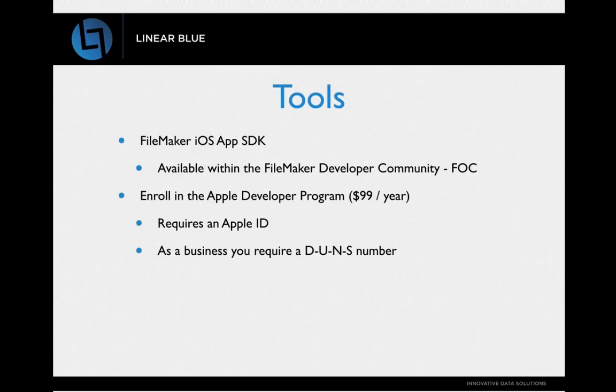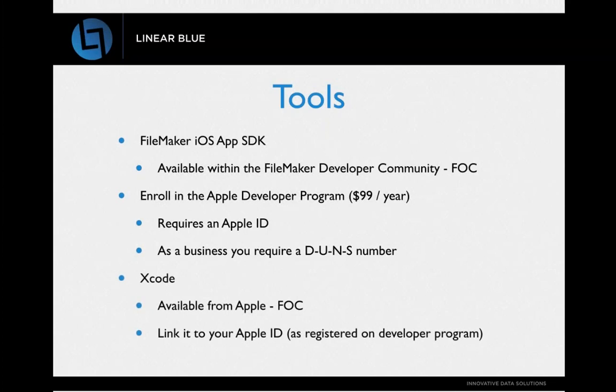Then you'll have a whole portal that will open up online, and this is where we create our app IDs. And it gives us access to a whole host of other tools. One of which is the final thing we're going to talk about, which is Xcode. Again, this is a free of charge tool available from Apple once you're a registered developer. And that downloads onto your desktop, and this is the tool we're going to be working with today.